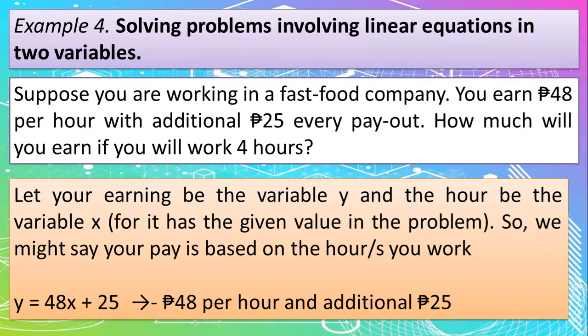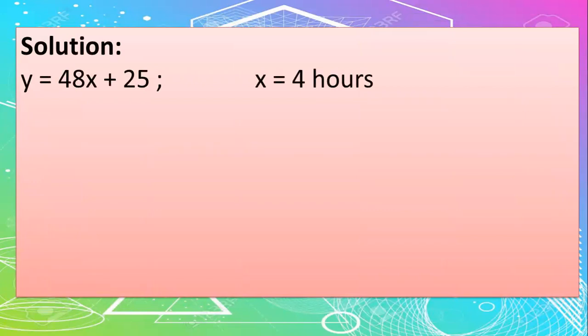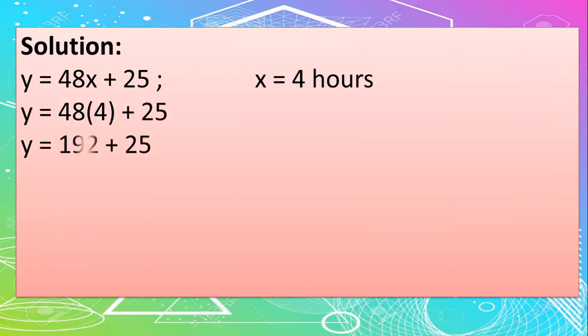Bakit po 4? Balikan po natin, how much will you earn if you will work 4 hours? So, we simply need to substitute 4 hours in our x. So, dito po, y is equal to 48 multiplied by 4 plus 25. 48 times 4 is 192 plus 25.